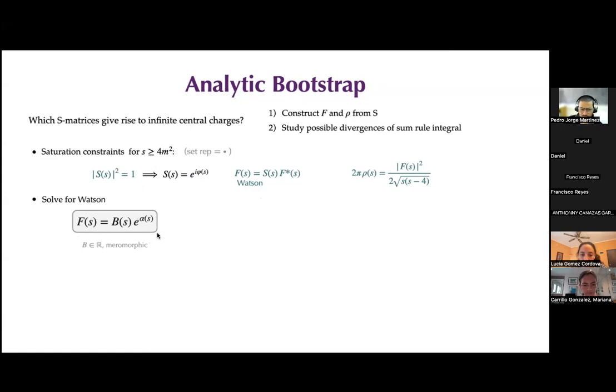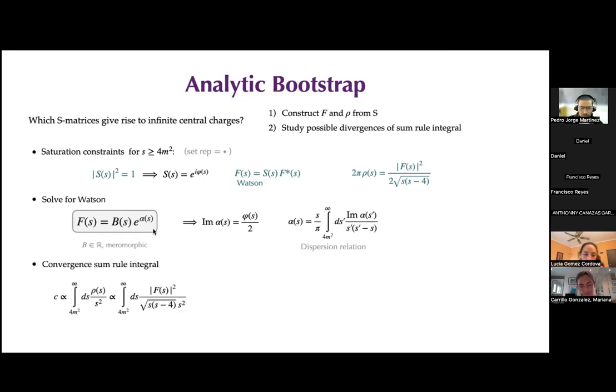One that is fixed by the S matrix from the Watson's equation, and some freedom here where this function V is real and meromorphic. And you can use this freedom to try to make C or K converge. So basically this alpha function here is related to the arguments of the S matrix. So this part is fixed from the S matrix.